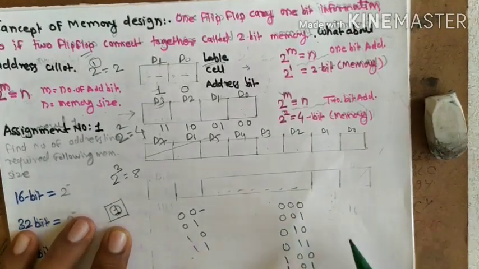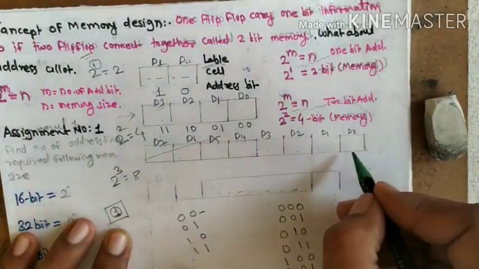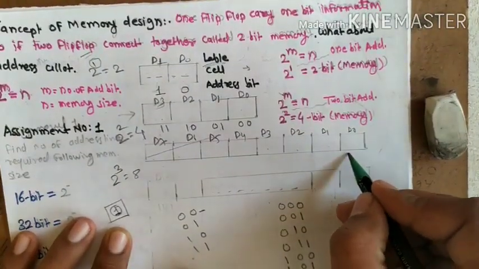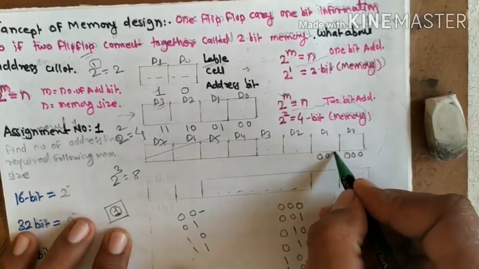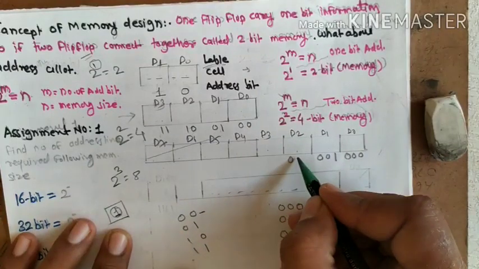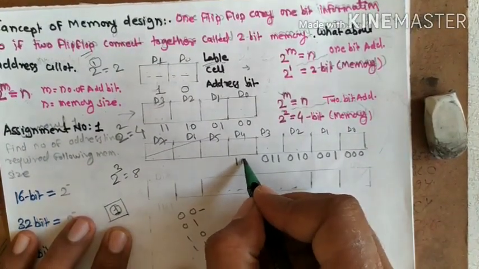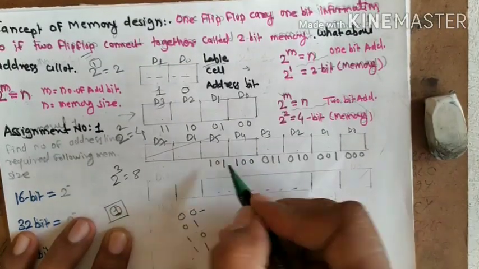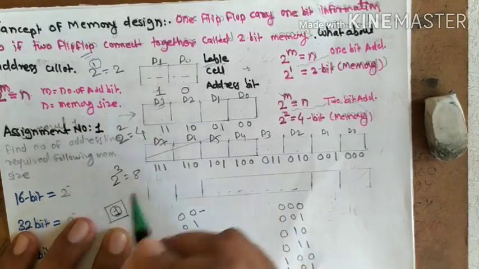So you have to put all these bits for the addressing of the 8-bit memory. The addresses are: first address is 000, second is 001, next one is 010, third one is 011, next 100, then 101, then 110, and the last one is 111.